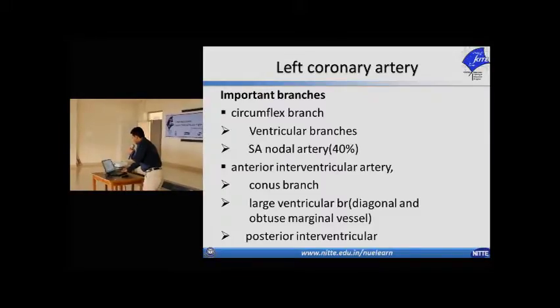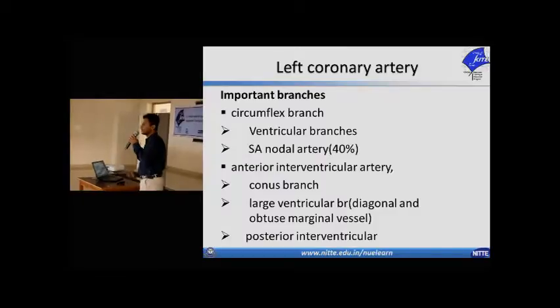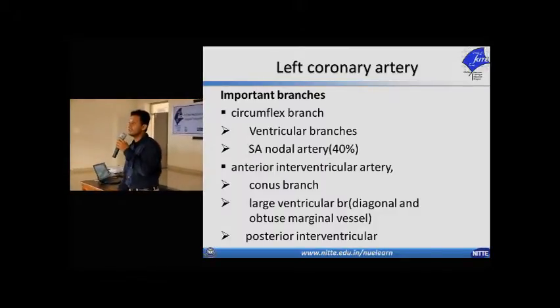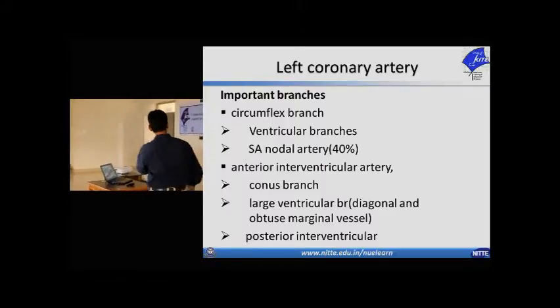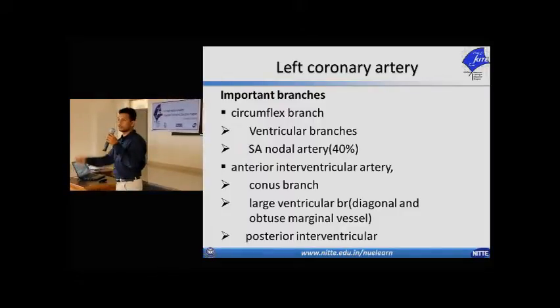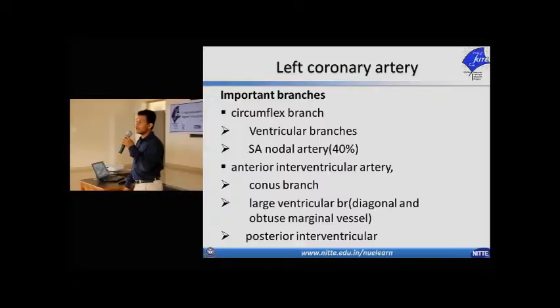Then after a short course, you can see it divides into the left anterior descending, which runs in the anterior interventricular sulcus, and the circumflex branch, which continues to the posterior side along with the left atrioventricular sulcus.